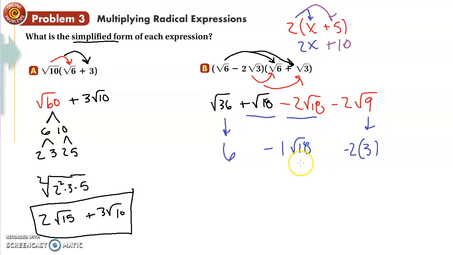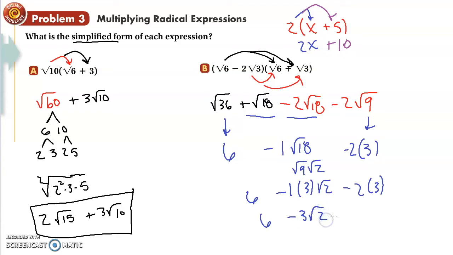The square root of 18 is the same thing as the square root of 9 times the square root of 2. So this is negative 1 times 3 square root 2. 6 and minus 2 times 3 on the outside. So if I simplify this further, I get 6 minus 3 square root 2 minus 6.